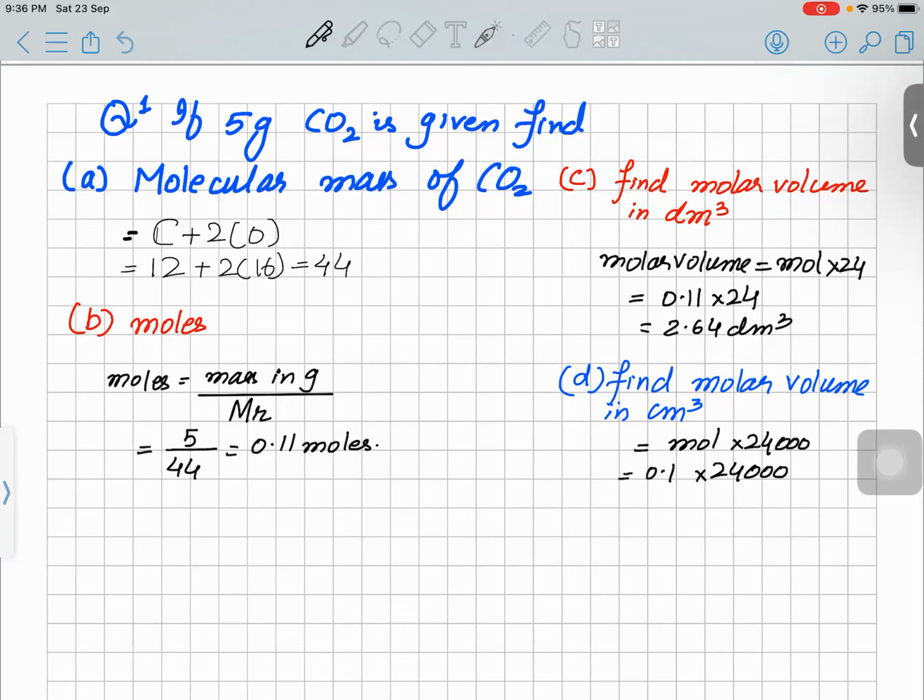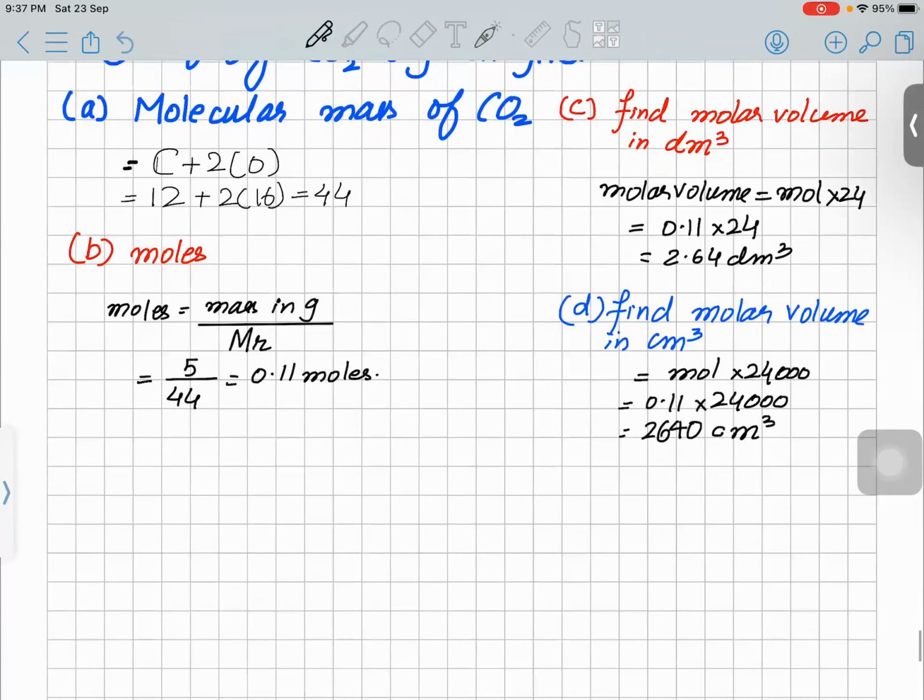Sir, so for this one, it's 2640. Sorry, 2640 cm cube. Now, this is the volume.